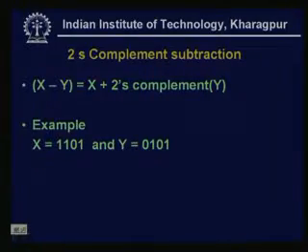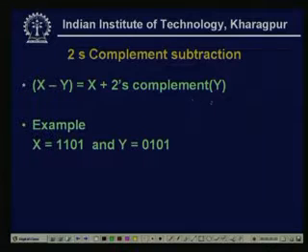First I will compute the 2's complement of y, which we know is the 1's complement of y plus 1, and this is again some addition, and then it will be added with x. So, no subtraction is there, only the addition circuit is sufficient for subtraction.